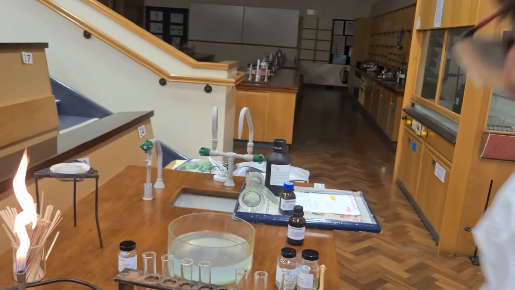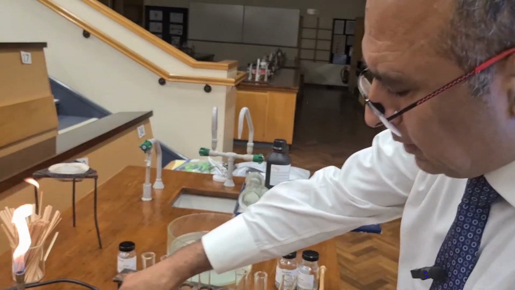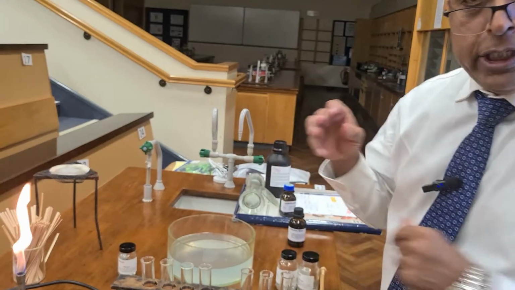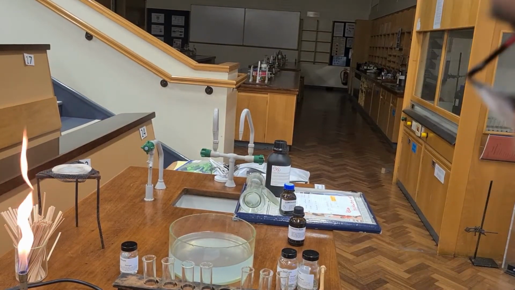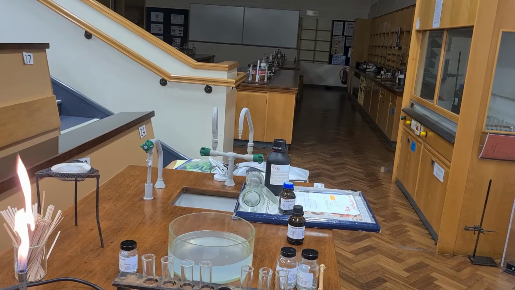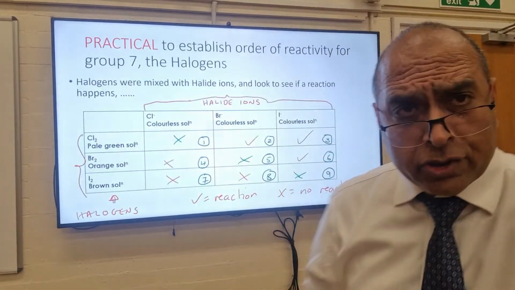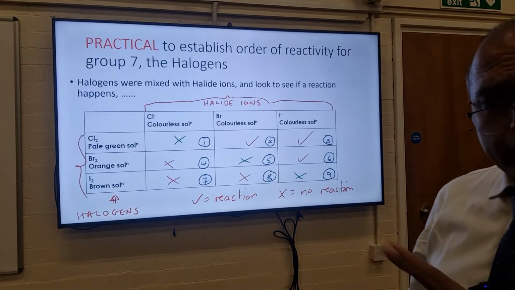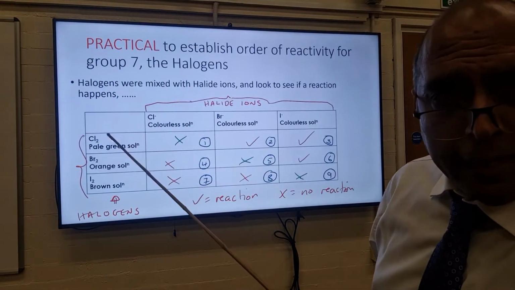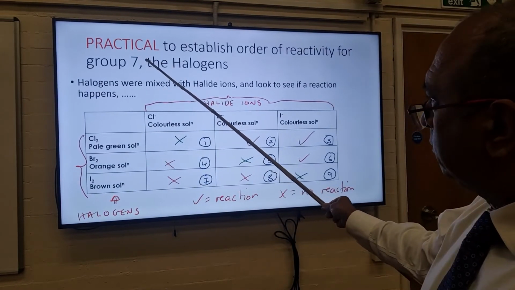And we have a famous practical where we put these halide ions with the halogens, and we see what reacts with what. Now, to save me doing that, I've got the results on this table. And it's practical.